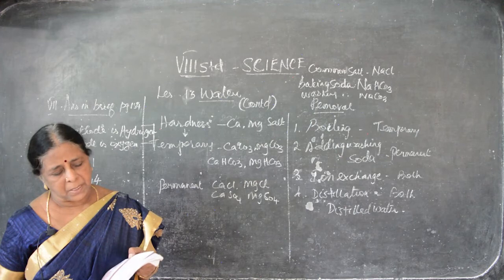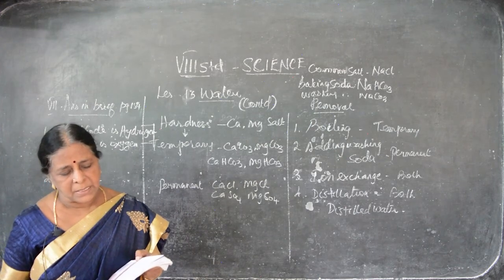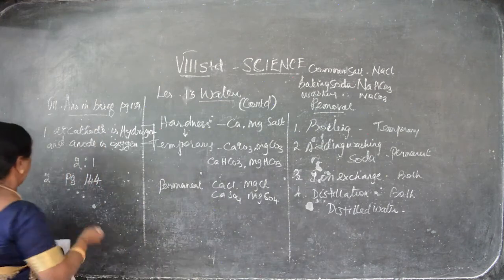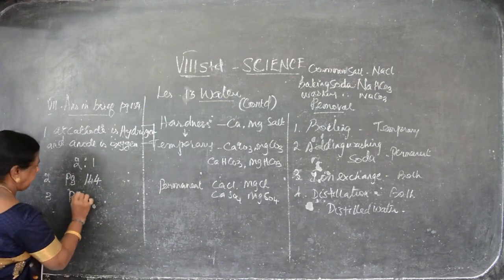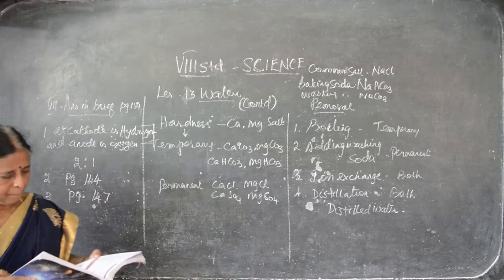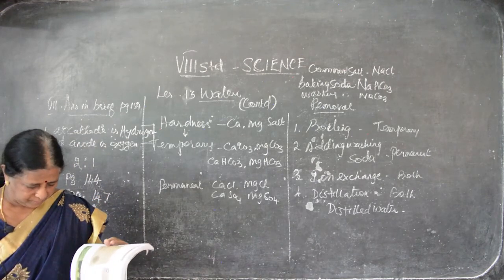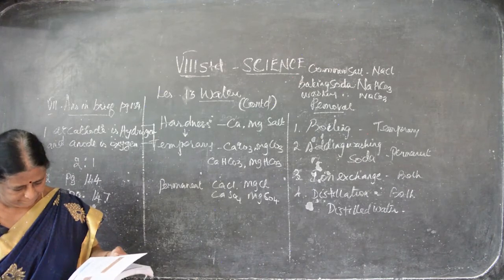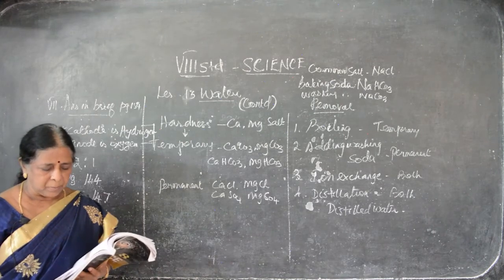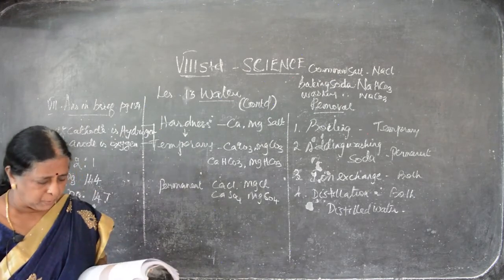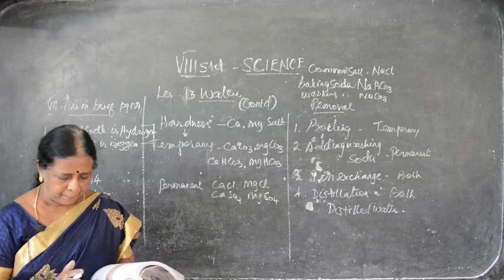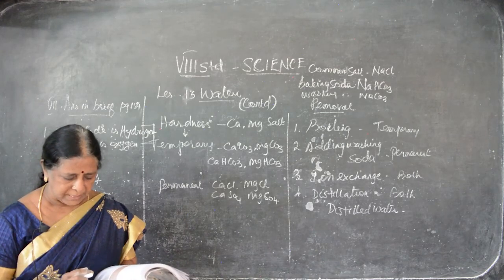And next, third question is, what are the causes of temporary hardness and permanent hardness of water? It's in page number 147. Take page number 147. Next to the diagram, that is 13.7, figures are there, no? Under that, second paragraph, fifth line, sixth line.